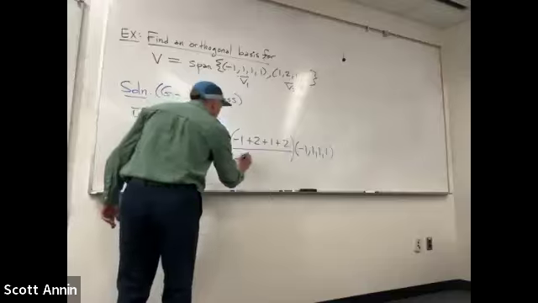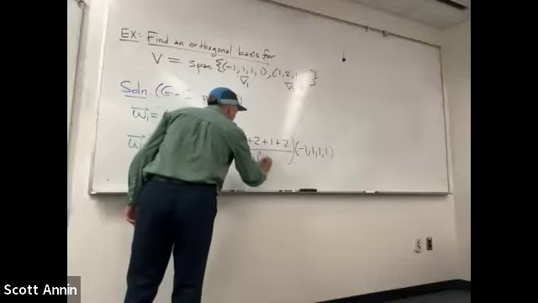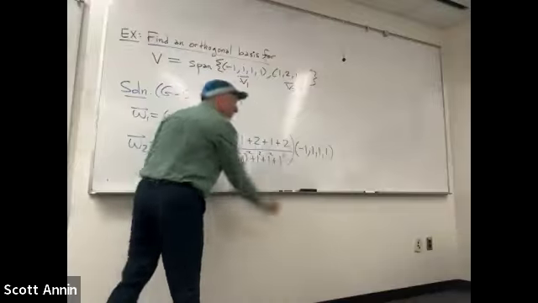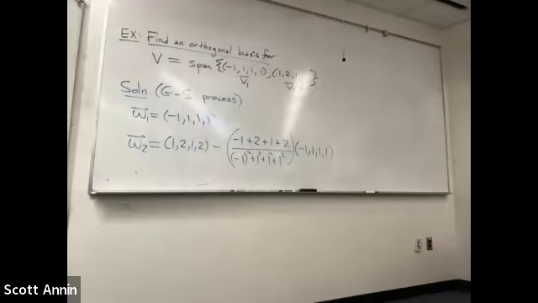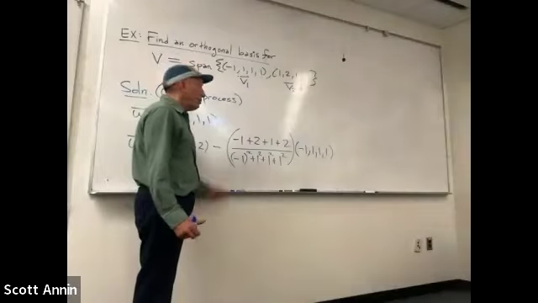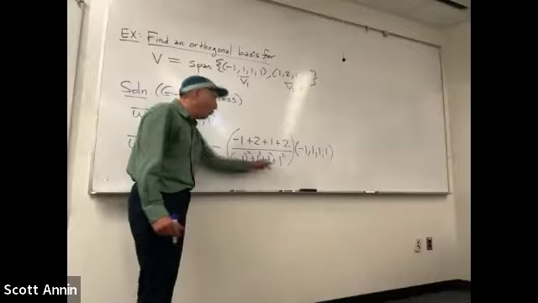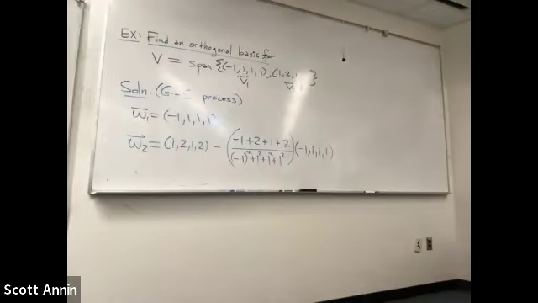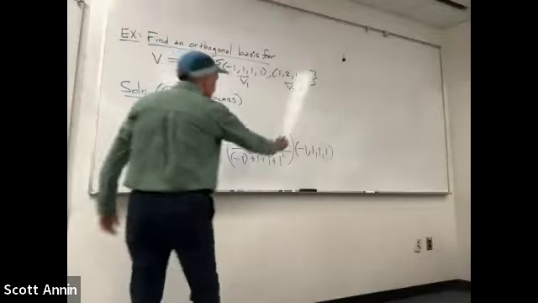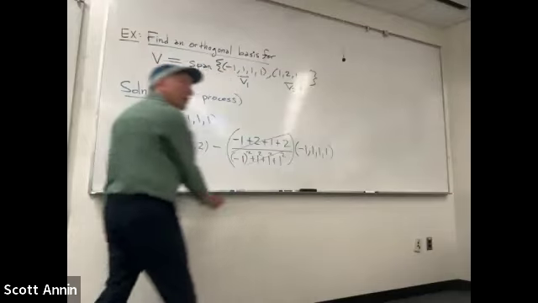So it's just negative 1 squared plus 1 squared plus 1 squared plus 1 squared. That's the norm squared for W1. And if you do the math on this, you have 4 on top and 4 on the bottom. The numerator and denominator just cancel.